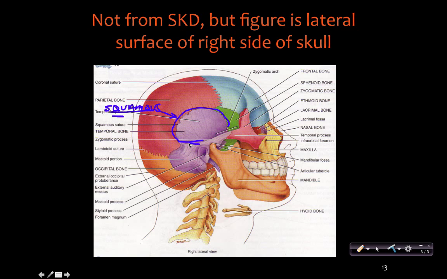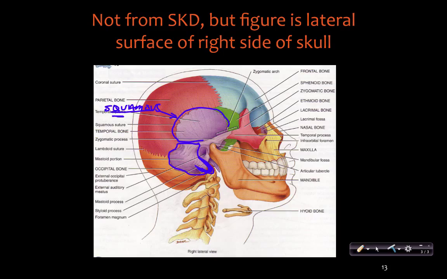The portion that is then inferior and slightly posterior to that, and you can't really tell on this, is the mastoid portion. The mastoid portion has this big prominence that sticks out here. And you can actually feel the squamous portion too. If you put your fingers up on the side of your head, right above the fleshy part of the ear that's hanging on the side of your head, that flat part above and behind your ear, that's the squamous portion.